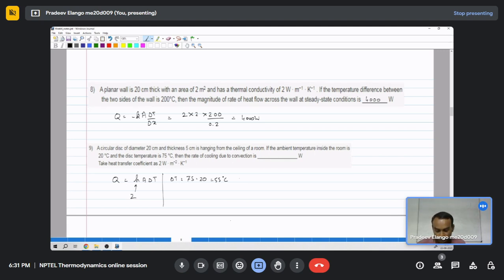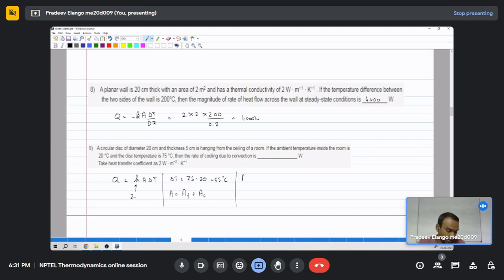Now area is what we need to find. So since it is hanging from the ceiling, we can assume that all the surfaces are used for the heat transfer. So we can have area as the flat surface area plus the curved surface area.